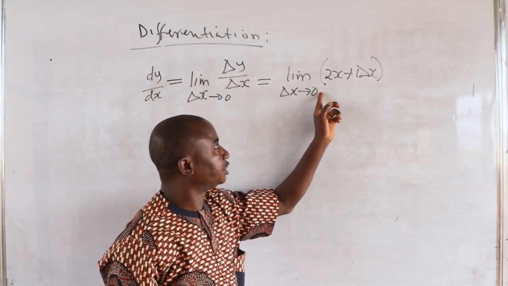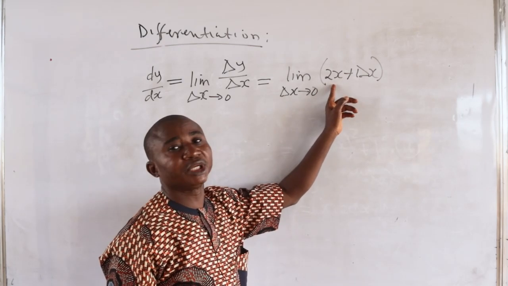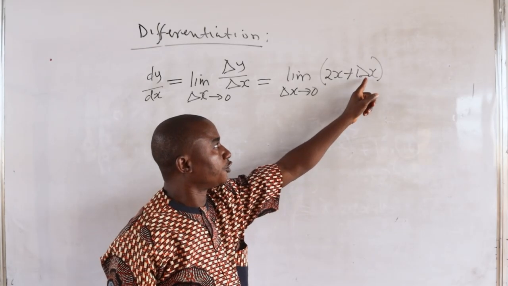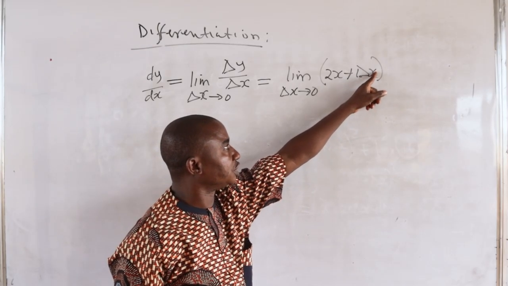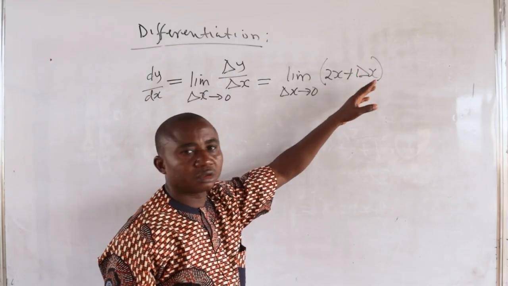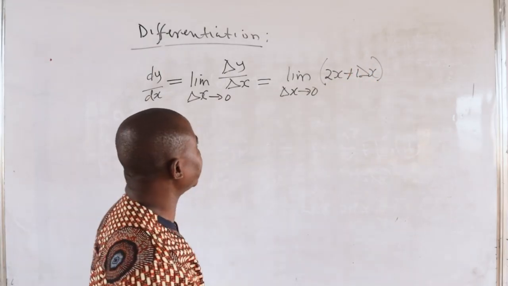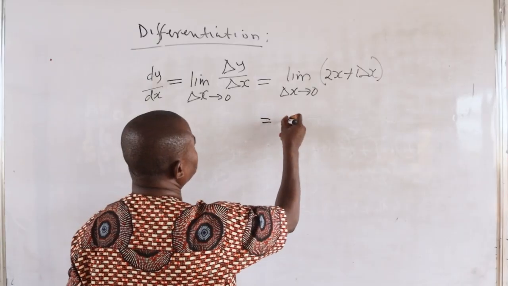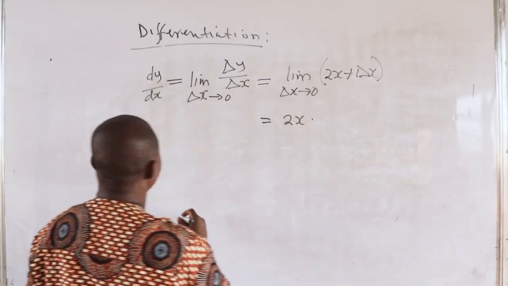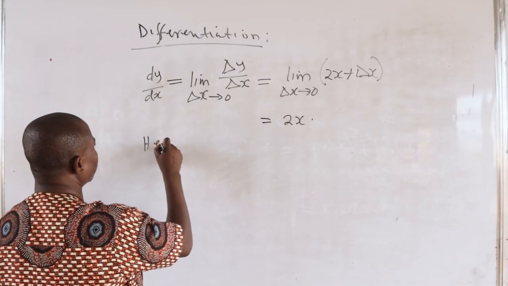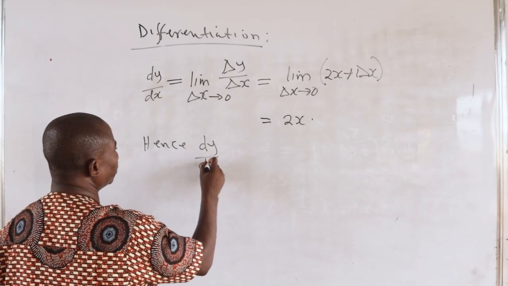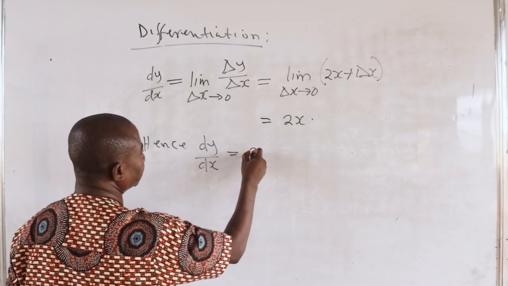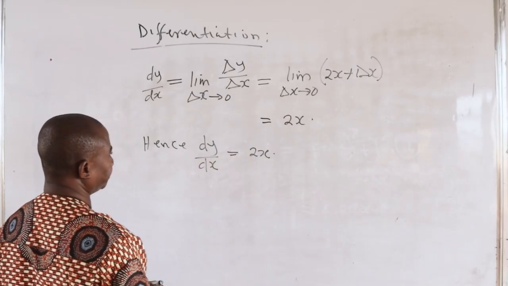So if you take the limit, it will not affect this, we simply get 2x. If you go to the second term, as change in x tends to 0, this second term becomes 0. So everything here reduces to 2x. Hence, the derivative of y with respect to x is exactly 2 times x.